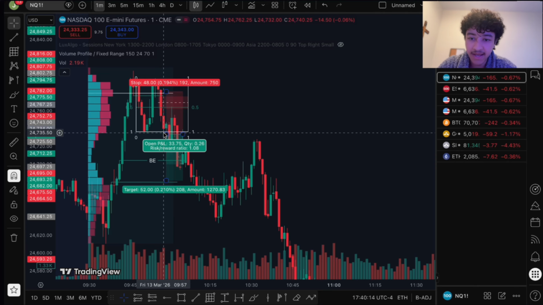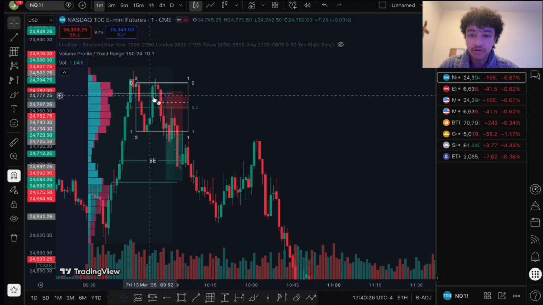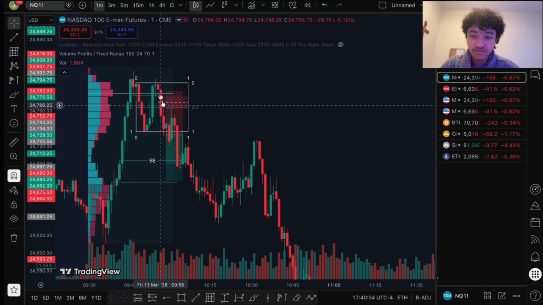Once I saw that it went back down, that was helping me say, hey, your strategy is working. This is good confirmation, another confirmation added onto my strategy. It went into equilibrium, broke structure. I'm gonna look for shorts. But it was also telling me, using the volume profile, that there's a resistance on this level, meaning that it could go back down, and that's why I took that short.